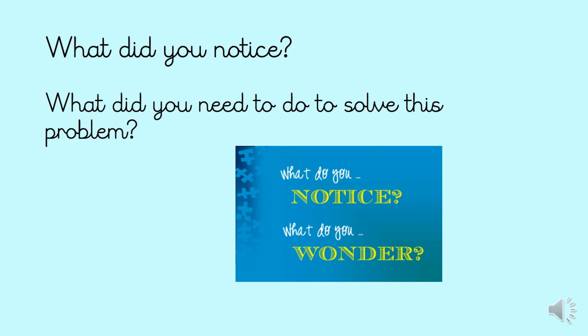Did it take you quite a long time to get the answers, or maybe you found them quite quickly? Was that due to the way you solved the problem? Did you use a systematic approach, or did you just use random guesses and get there in the end? Have a real think about how you could have done this in a more systematic way, or what you did really well and what you noticed about the numbers and the answers.